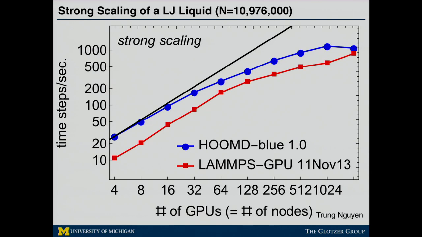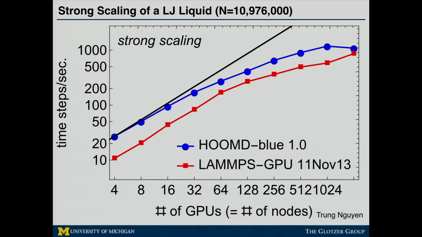In strong scaling, the situation is equally good, I would say, after we applied these optimizations. We get a speedup that's linear up to 32 GPUs, and then continues to scale to 1024 GPUs. Again, in strong scaling for a Lennard-Jones system of 10 million particles, HOOMD-blue is roughly a factor of 2 constantly faster than LAMMPS.